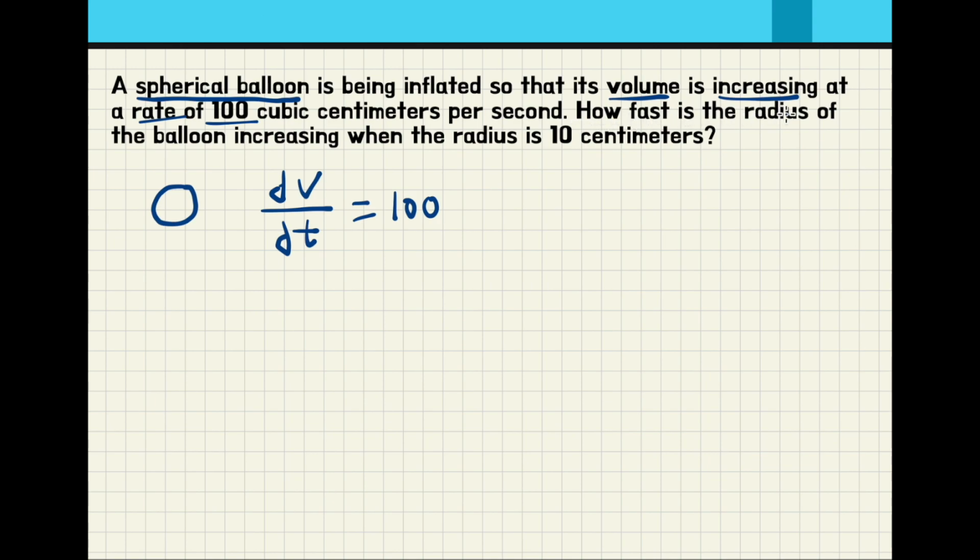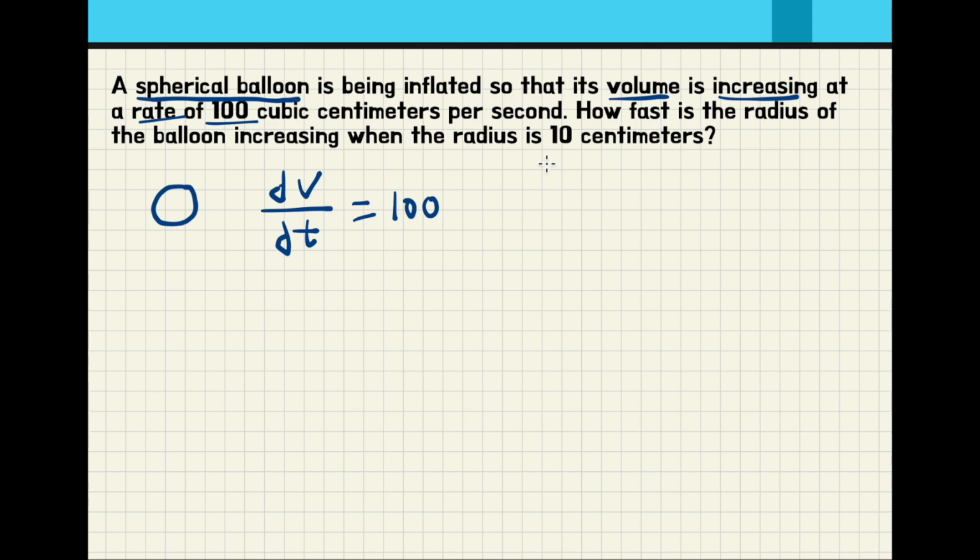Moving on, how fast is the radius of the balloon increasing? So what are we finding? Even though the word rate is not included here, we can assume it is the rate at which the radius of the balloon is increasing.